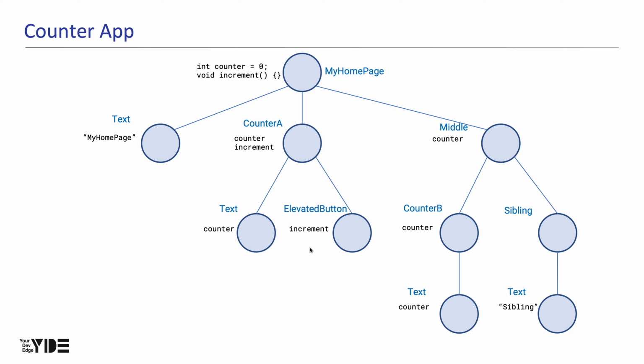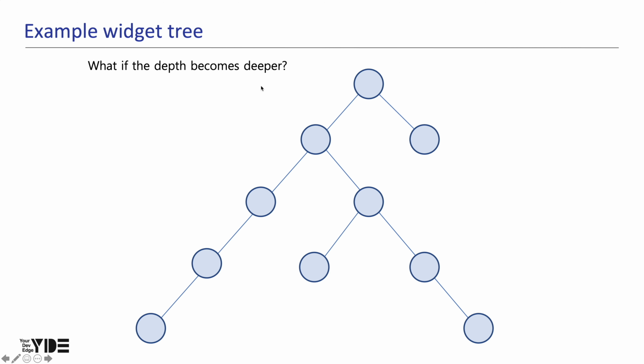Fourth, logically, it is not easy to track because the rebuilding logic of the UI is in the upper widget, not the widget where the actual rebuilding takes place. For example, it is difficult to know where the rebuilding is taking place just by looking at the counter B widget. But what if the depth becomes deeper as seen in the picture?